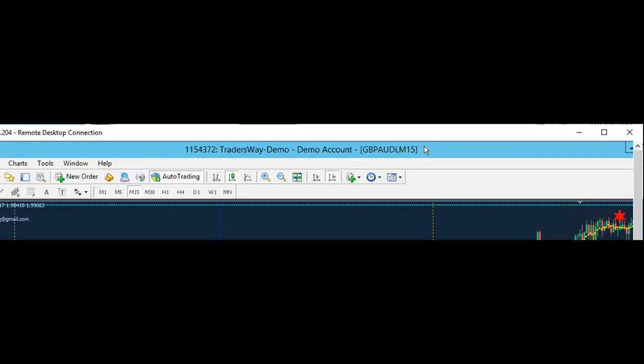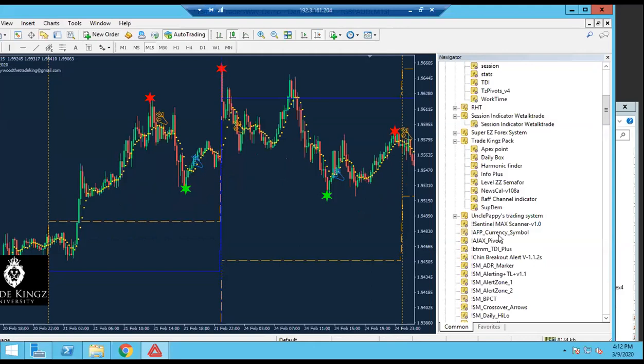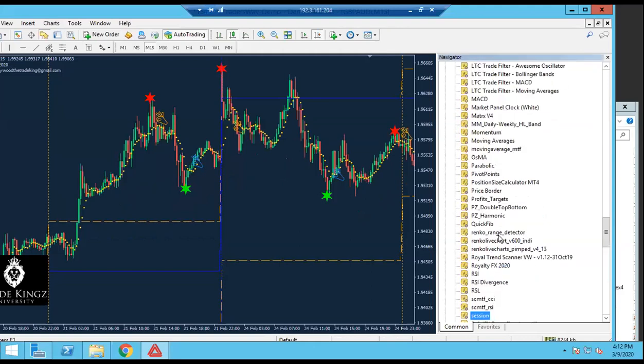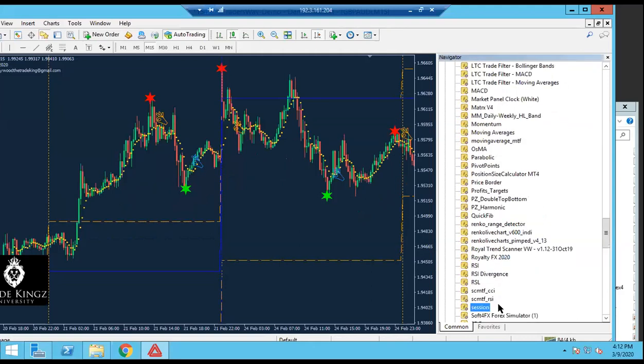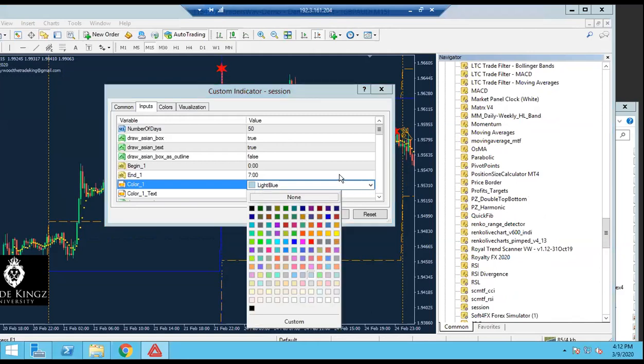All right, so I just sent it in the group. It's the sessions indicator. And basically it's gonna help you identify that breakout. Let me see if it'll let me add it. Oh yeah, okay, so this is it here.